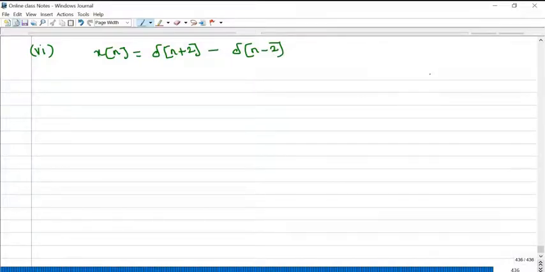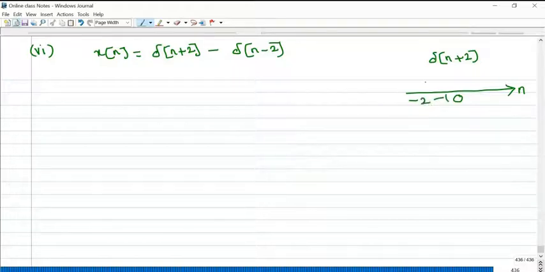Okay. What is the delta n plus 2 representation? Delta n meaning at n equal to 0, value 1. n plus 2 meaning at n equal to minus 2, the magnitude is 1, right? So how to sketch the delta n minus 2 signal?